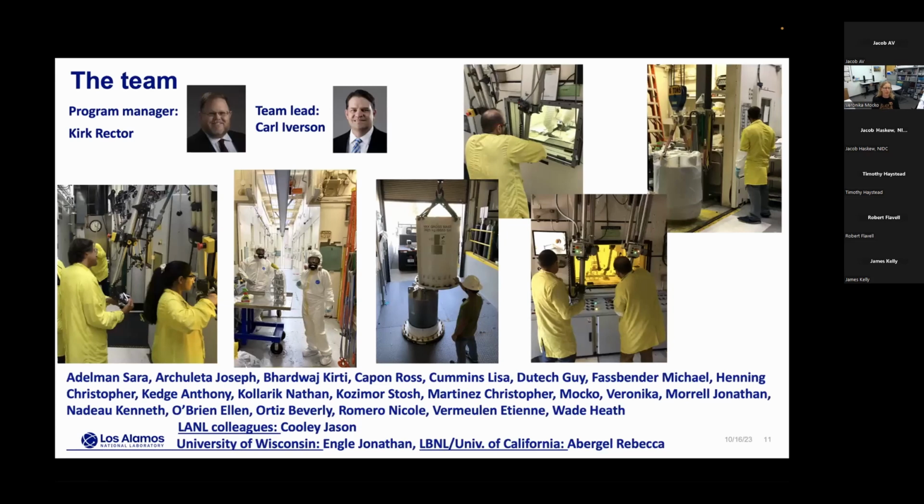This is a huge effort. There's a lot of people involved. Here at LANL, we have a large team of people to make this happen. I would like to also thank our LANL colleague at Sigma for fabricating the lanthanum pucks, and colleagues at University of Wisconsin and Lawrence Berkeley National Lab for the first in vivo studies, and also collaboration on the cross-section measurements.